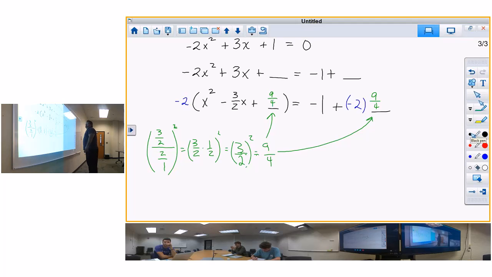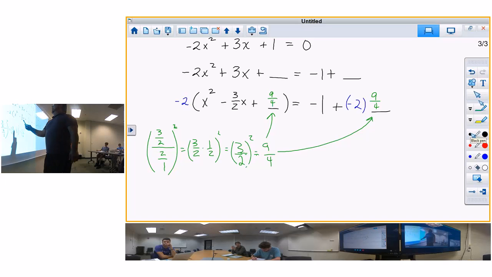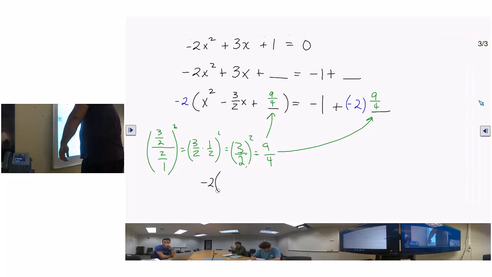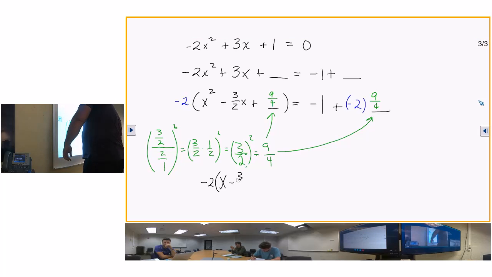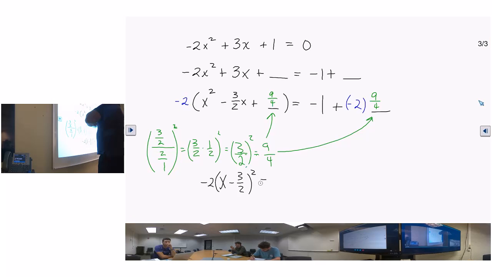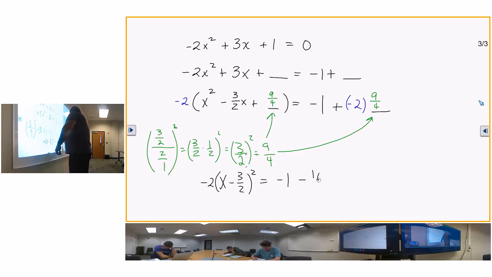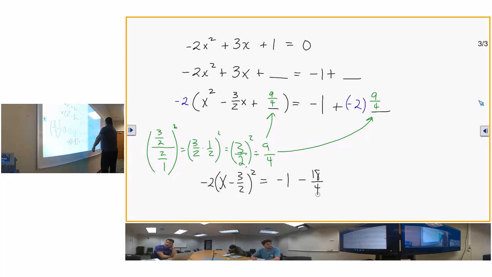So now we have shortcut number 2, and that's going to be negative 2 times x minus 3 halves quantity squared is equal to negative 1 minus what? 18 what? Fourths, and that's going to change that 1 to a 4/4.